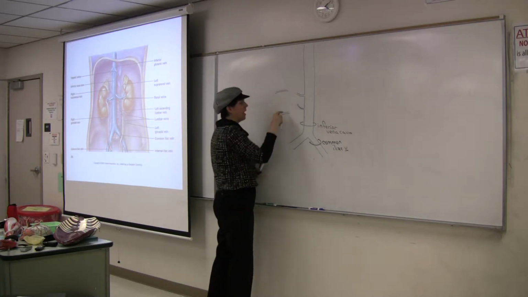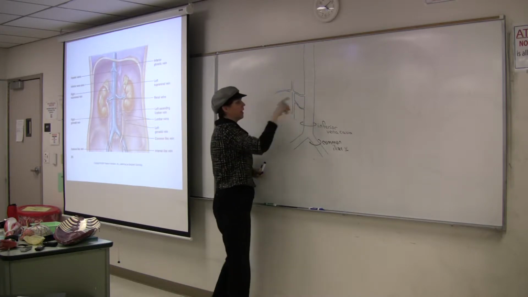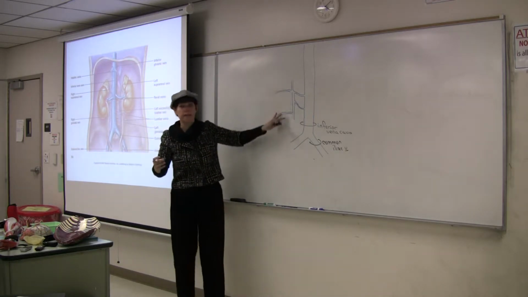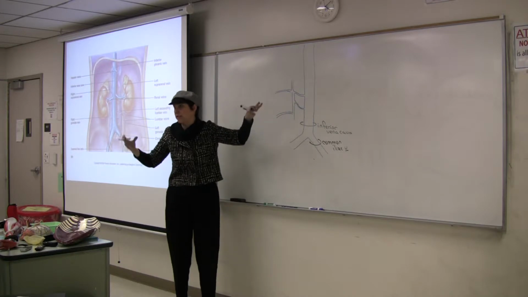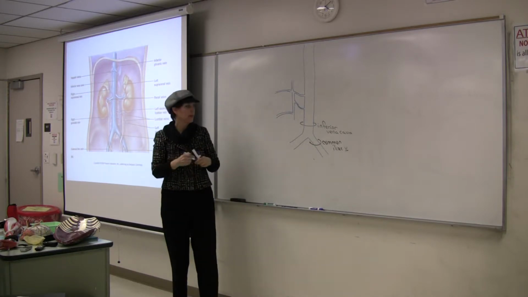These are both lumbar veins, okay? And they can drain either into the vessels that are going to become the azygous vein, or they can go into the inferior vena cava. You don't have to worry about these over here. I'm just explaining pictures that you'll see in your lab activity, the study guide, okay?